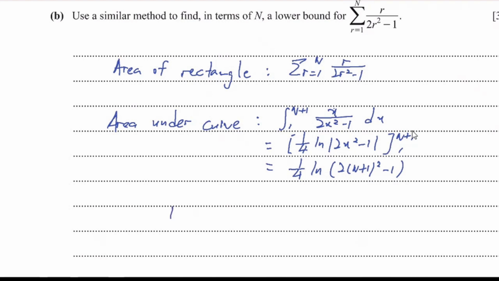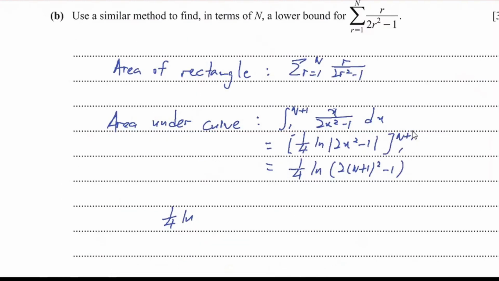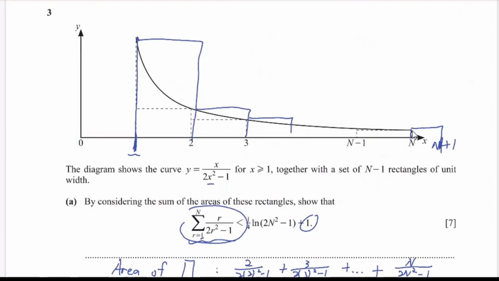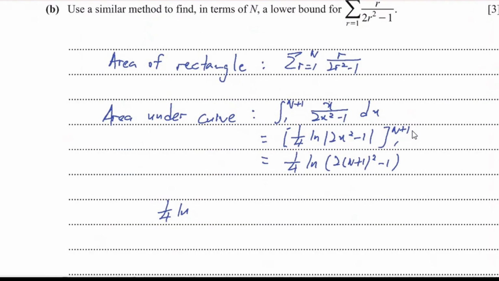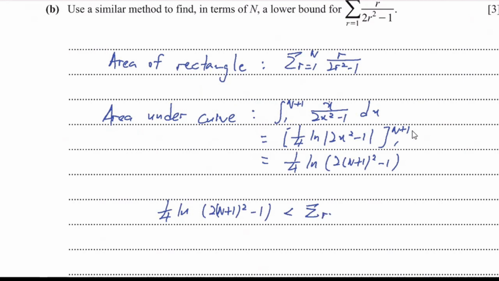Lower bound means we will have the area of the rectangles. So you can see the area under the curve is actually less than the summation, or the area of the rectangles there.